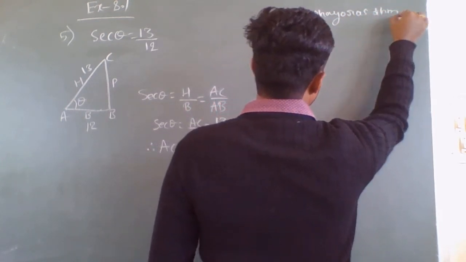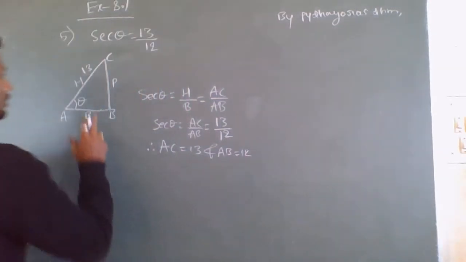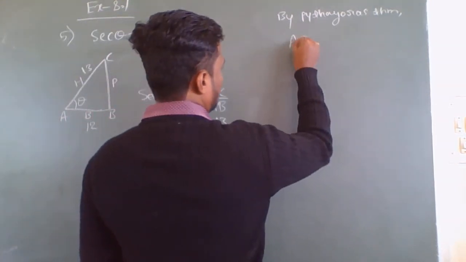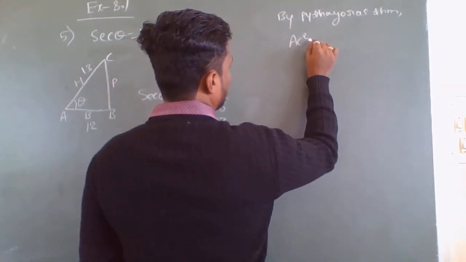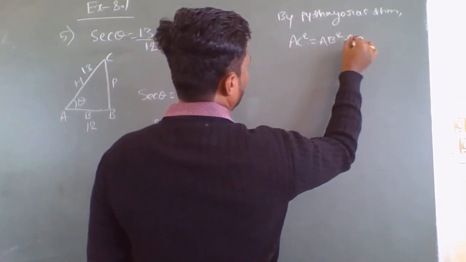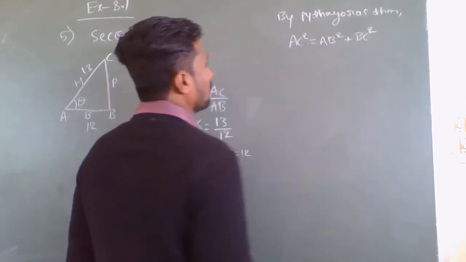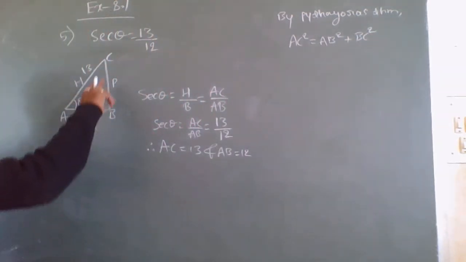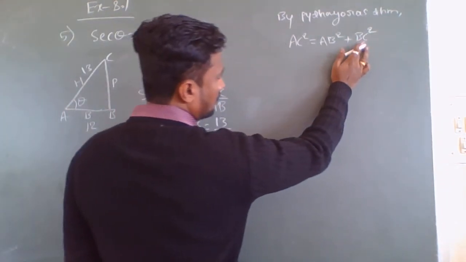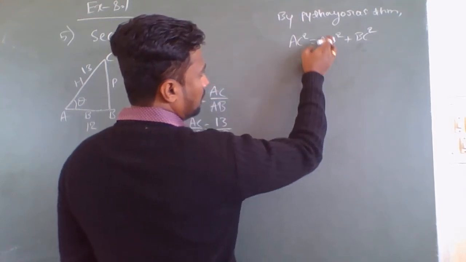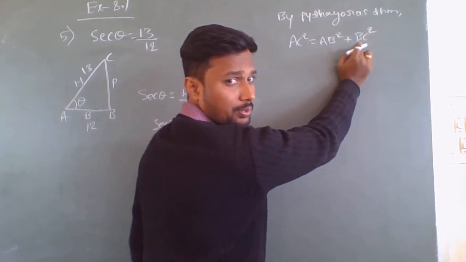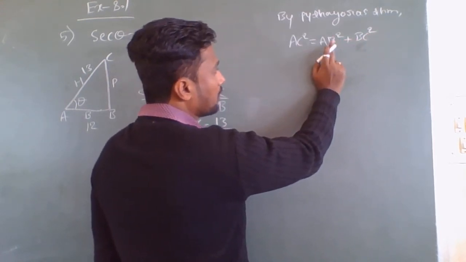By Pythagoras theorem, AC square equals AB square plus BC square. We are calculating the length of BC, so I will move AB square to the left hand side.